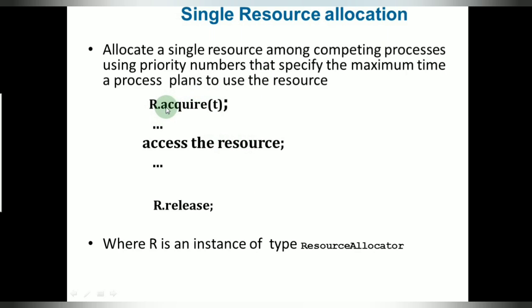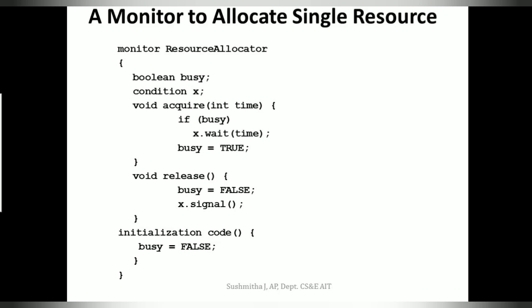Whenever a process wants a resource, it acquires the resource, accesses that resource, and then releases the resource. Now talking about the algorithm, here is the algorithm for the resource allocation.